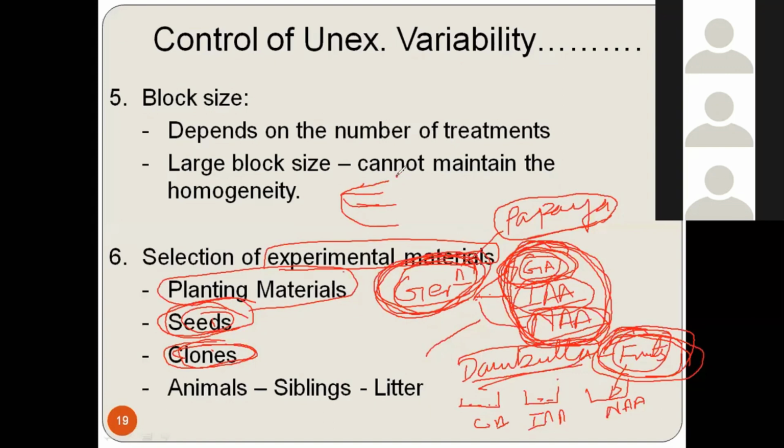I'm giving fish meal, which I will put as FM, a protein supplement. That is one. What are the other protein supplements? Let me know. Soya bean meal, blood meal.